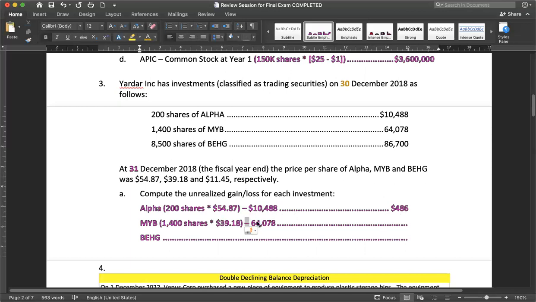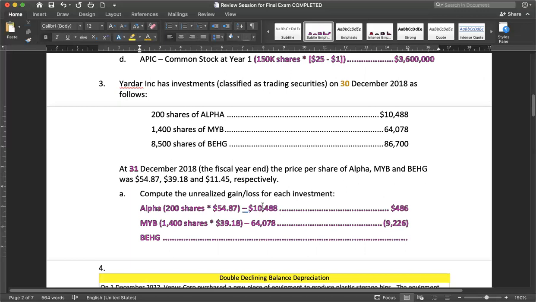But we need to subtract away the $64,078, sorry. And so what we have here now is a $9,226 loss. And the formula for that is 54,852 minus 64,078, and that gives us then 9,226, the loss.